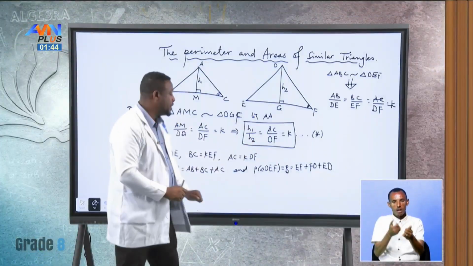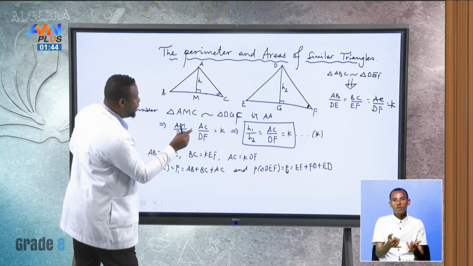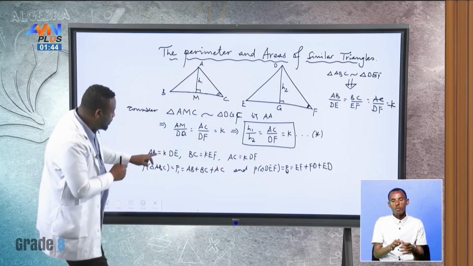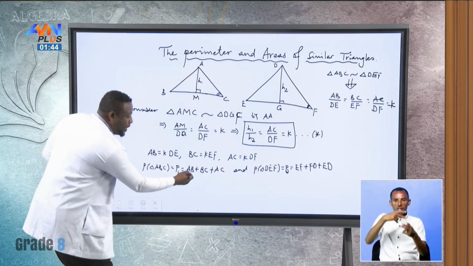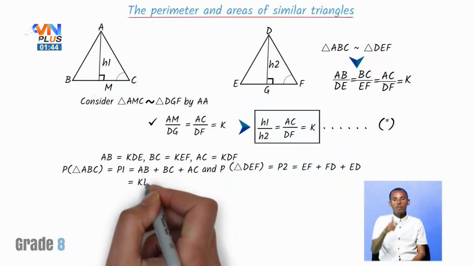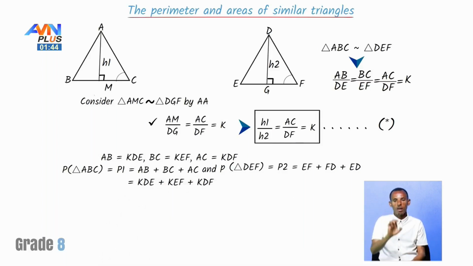It doesn't matter. So now, in place of AB, I need you to substitute K times DE, plus, in place of BC, you can substitute K times EF. And the third one, AC, is K times DF.